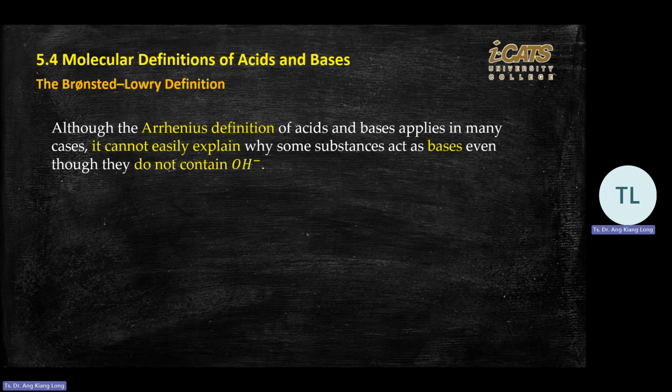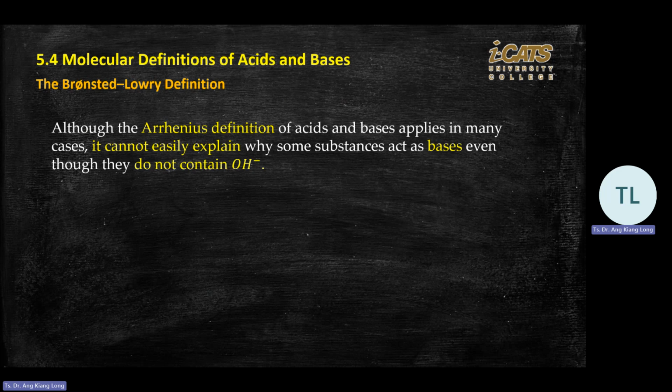Arrhenius is only focused on two types of ion, H positive and OH negative. But there are chemicals outside there that cannot be defined using H and OH, although they are acid and alkali. This BL definition helps to define outside the OH and H family what can be used for acid or alkali.